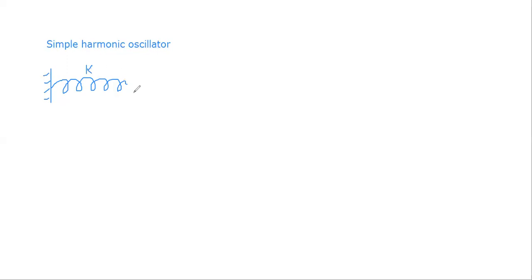K is the spring constant. We have learned this in mechanics. And this is mass m. The mass of the spring is infinitely small, and this part has mass m.